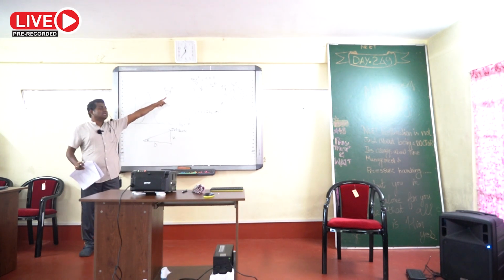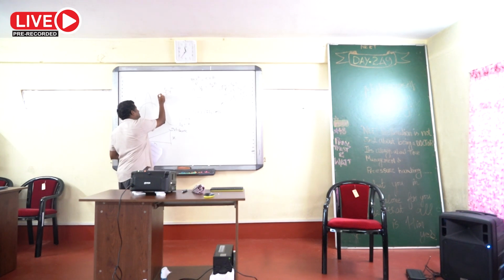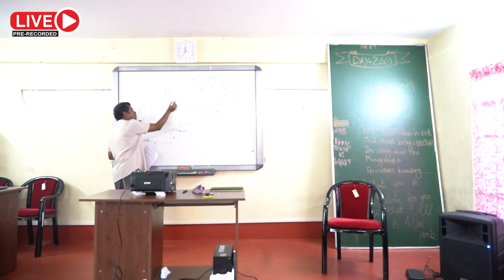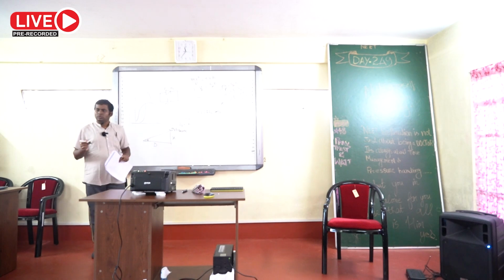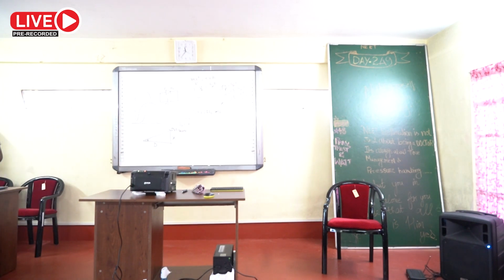And if the battery voltage is given like this, then it is called forward bias, meaning the positive terminal is connected to P, the negative terminal is connected to N. If the battery polarity is changed, then it will be reverse bias. Now check, in this circuit which diode is forward biased and which diode is reverse biased in problem number 44?